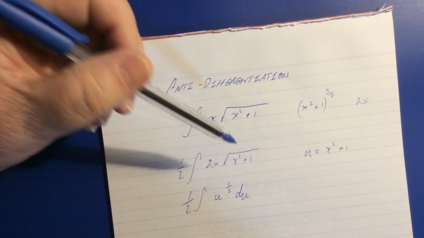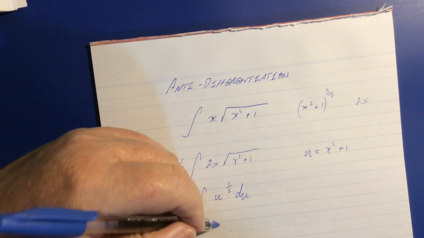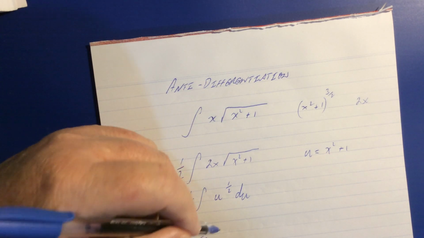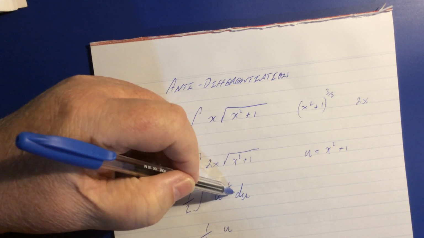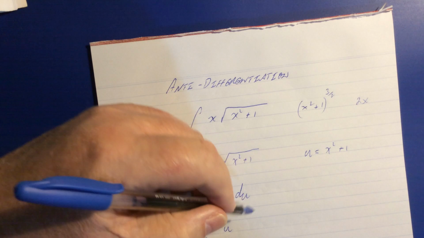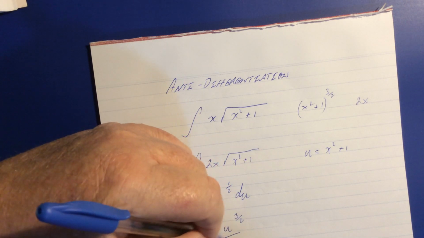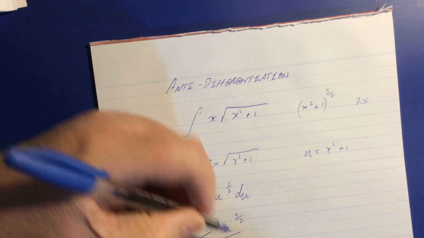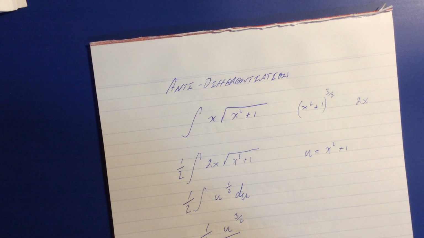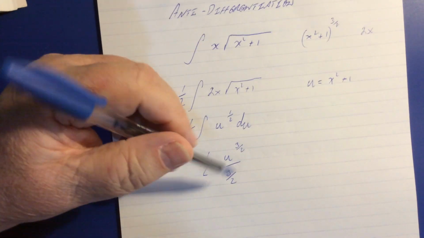Okay, so what is our next step? Well, we have 1/2 u to the half du will be u to the 3 on 2 over 3 on 2, which looks a bit of a mess, but we can sort that out pretty swiftly.